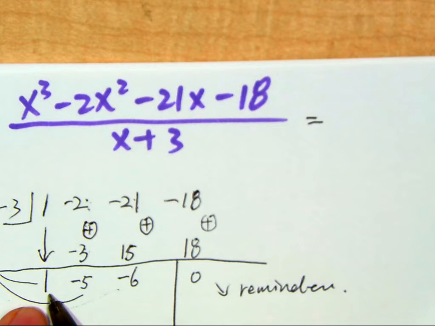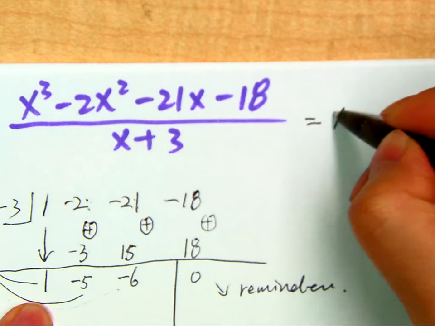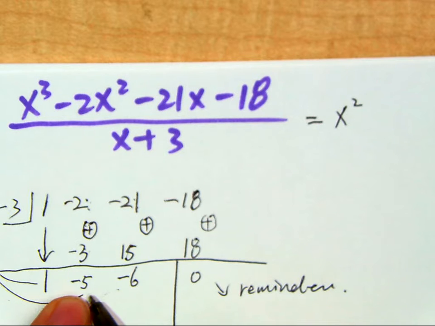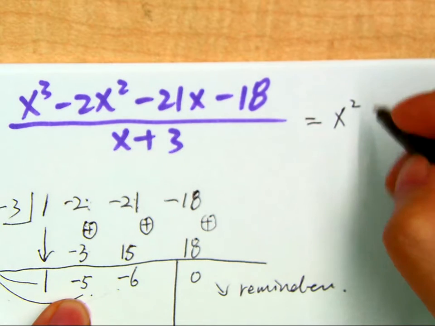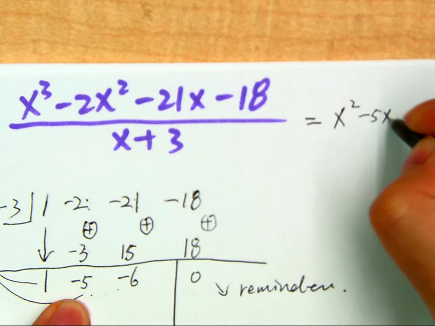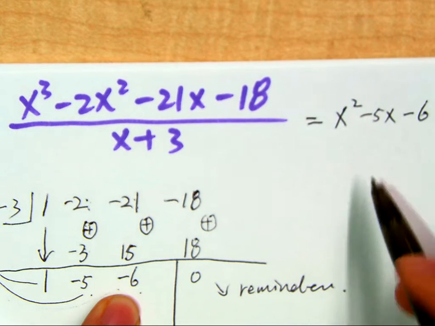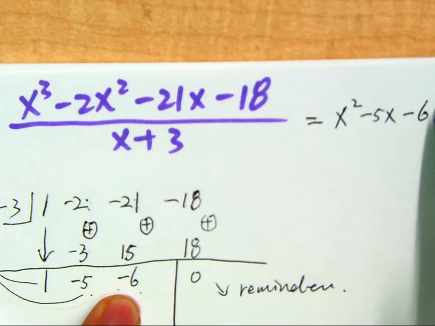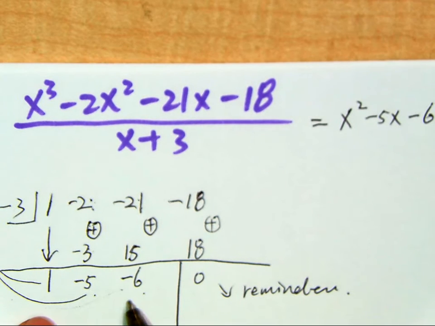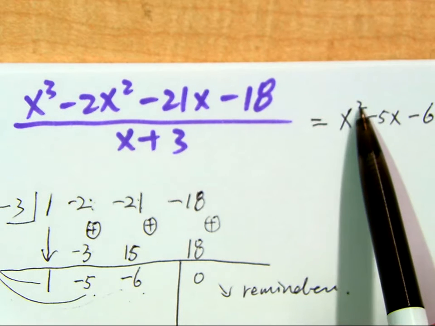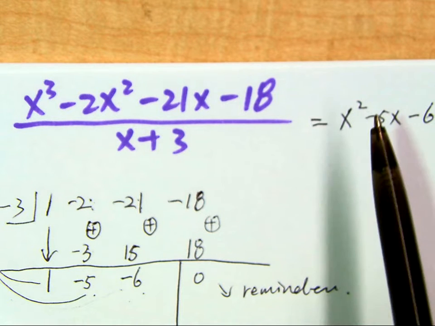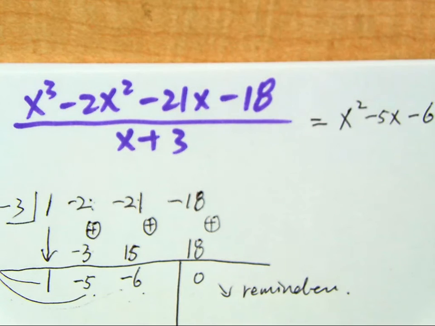This number will be the coefficient of x squared, the next one the coefficient of x, and this one the constant term. You will see the power decreased. The power is always reduced by 1 from the original problem. That's how we do synthetic division.